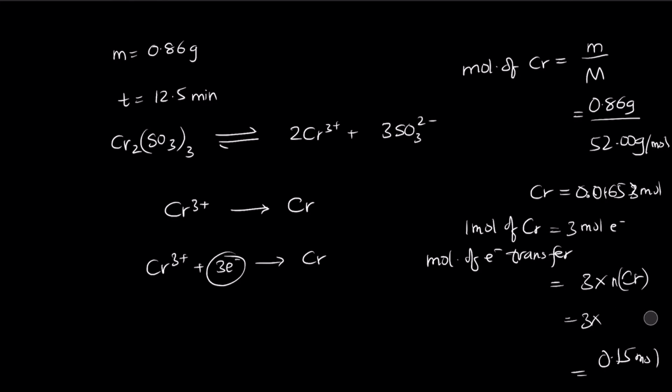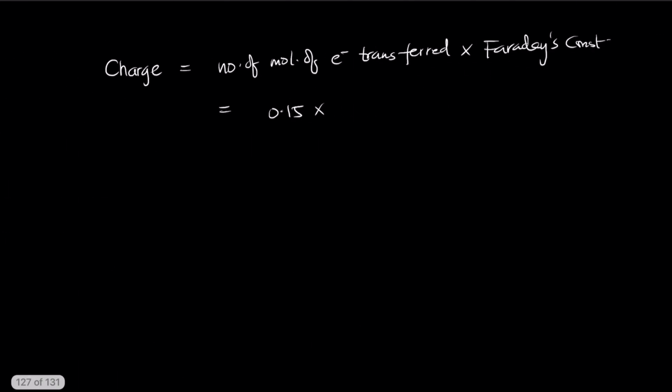Now this value 0.01653 times 3 gives you a value of 0.05 mole. So the total number of moles of electrons that is being transferred is 0.05.